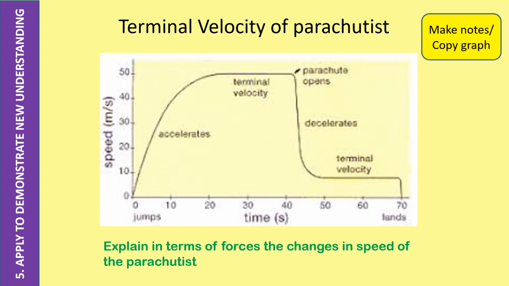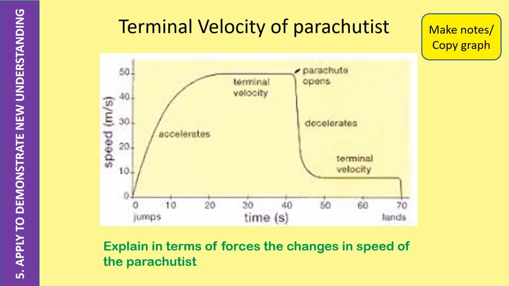Now the acceleration starts to tail off, and by the time you get to this point here, the forces on him are in balance, and he's falling at this steady speed that we call the terminal velocity. And he carries on falling at that speed. He doesn't increase or fall any faster or slower until at this point he opens the parachute.